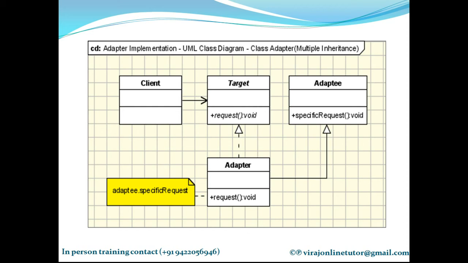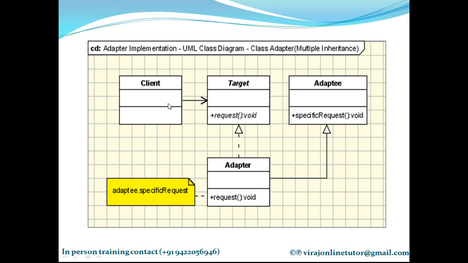So in this example, I have an adapter which inherits from target and inherits from adaptee. That's why this adapter is called a class adapter. So we use multiple inheritance in order to implement a class adapter.